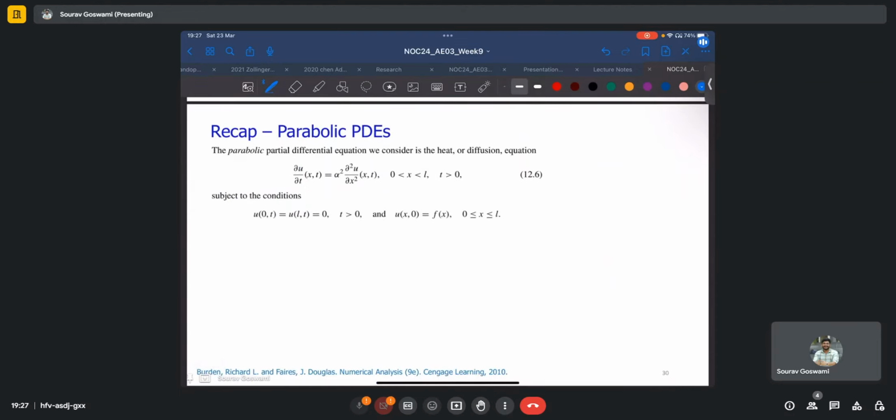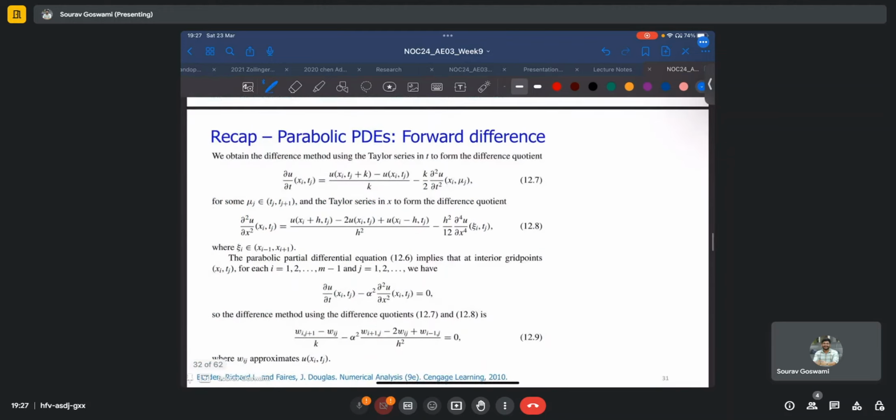That was quite intense. Let us quickly move to parabolic PDEs. Again, we already looked at the heat equation or the diffusion equation and looked at what common forms the boundary condition and the initial conditions can take.